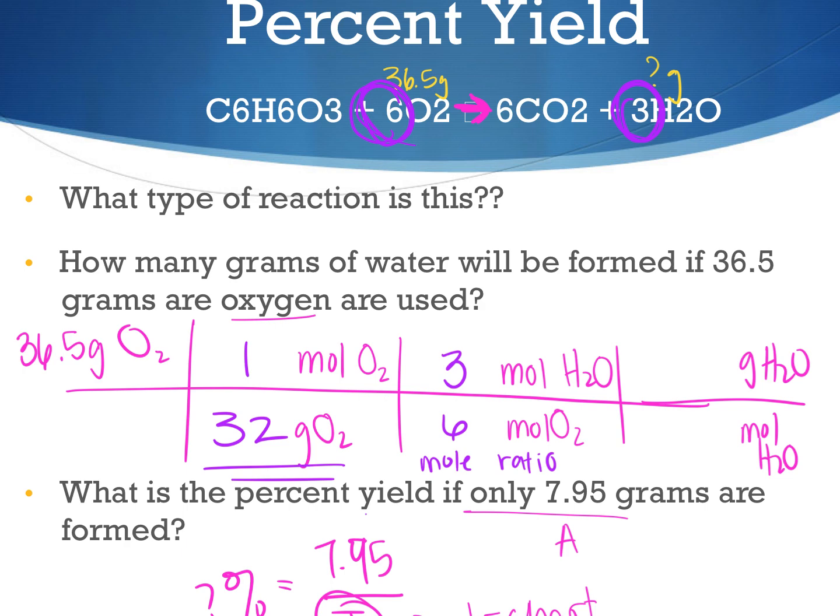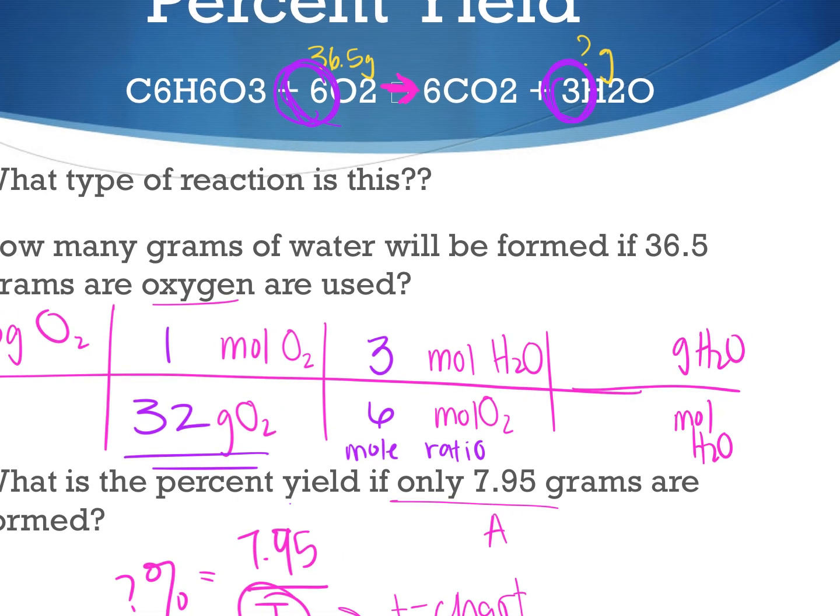The last step here, molar mass goes with grams. So for water it is 18. And then our mole underneath gets a 1. And so to finish our math, we multiply across the whole top, divide by the whole bottom.